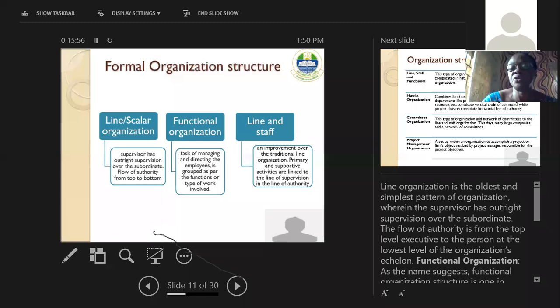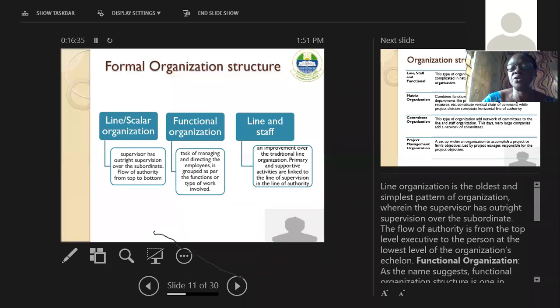It's actually the oldest and simplest pattern of organizational structure, where the supervisor will have outright supervision power over the subordinate from top to bottom. So there is no moving to the right or to the left or horizontal. Everything is vertical.